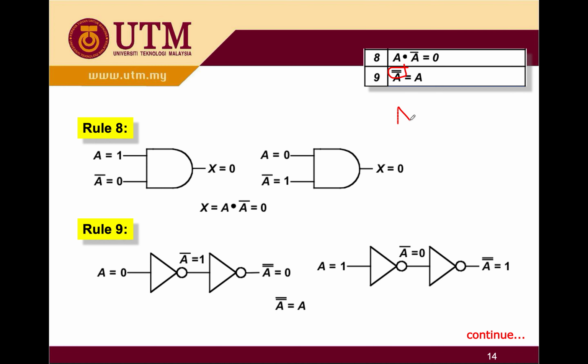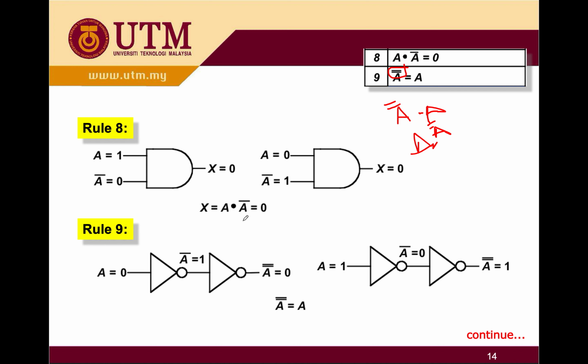You have A bar bar equal to A. Of course, this is a very simple rule. No need to memorize, because A bar is the opposite of A, and the opposite of that will be A bar bar. So you have only two possibilities, 0 and 1.